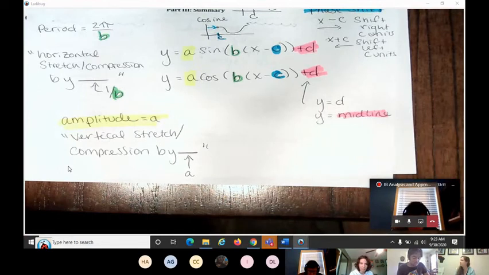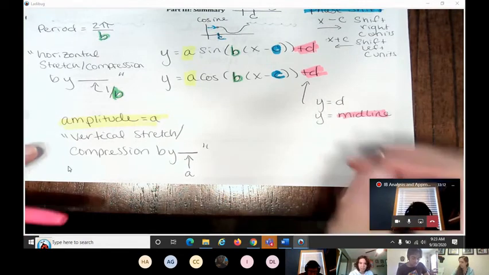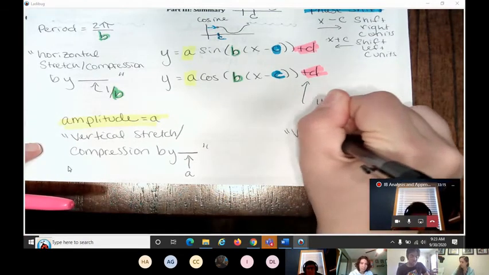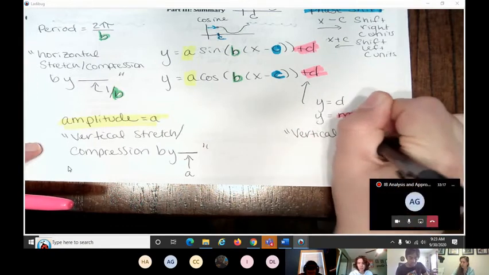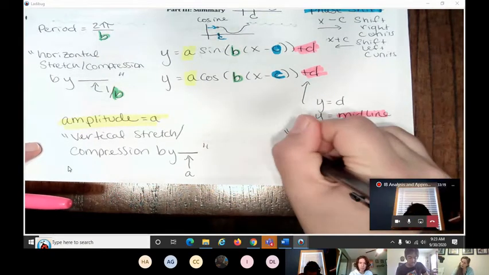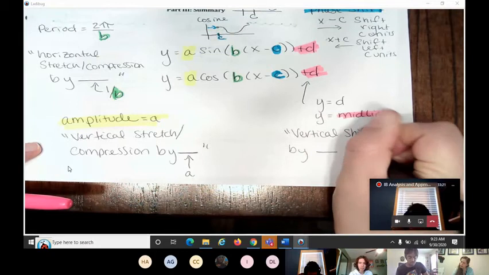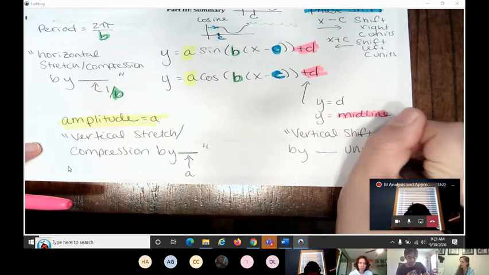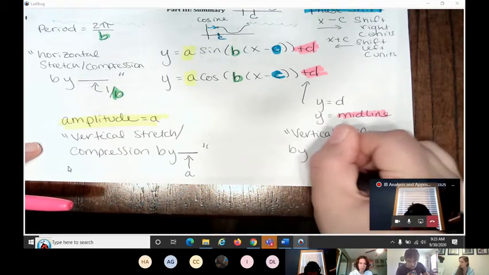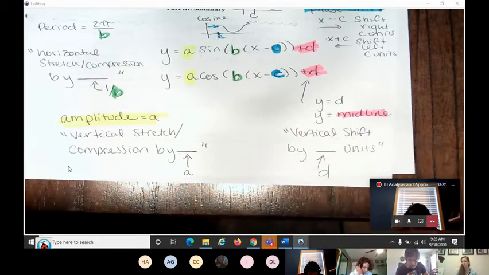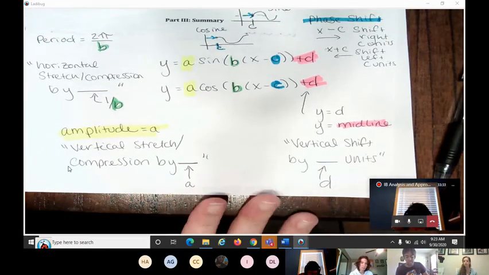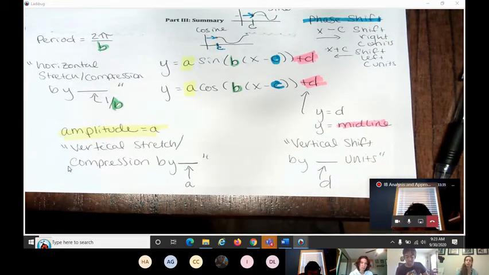And this is going to be a vertical shift by some number of units, and the number of units we can get from the value of d. So this is how all of those different vocabulary words we went over before the investigation relate to the actual variables within the function.